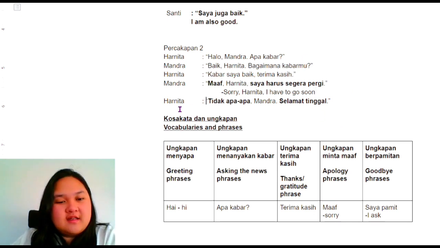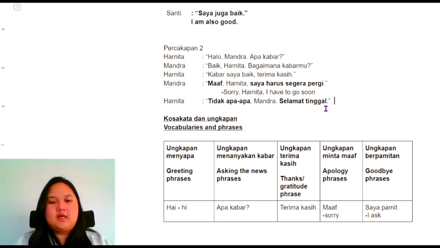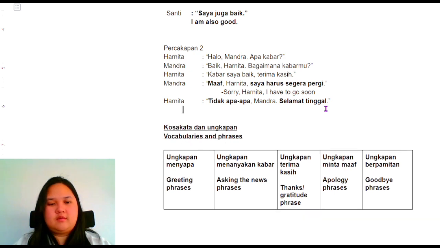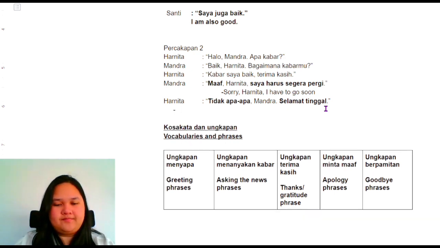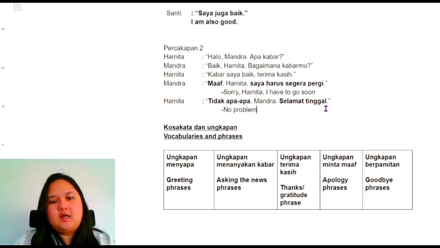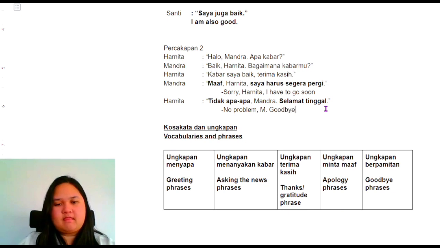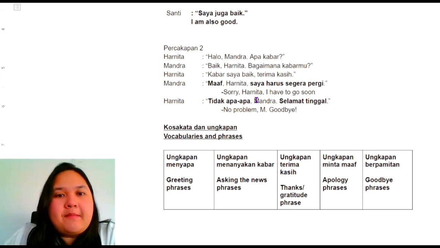And Hanita says, tidak apa-apa Mandra, selamat tinggal, right? Tidak apa-apa means no problem. Mandra. Selamat tinggal, goodbye. So, tidak apa-apa is no problem.